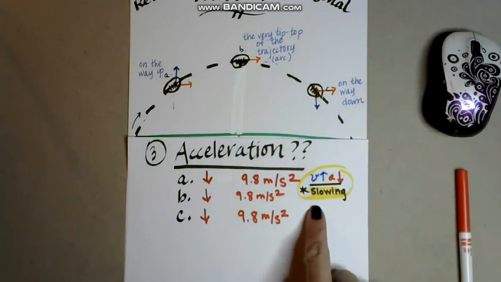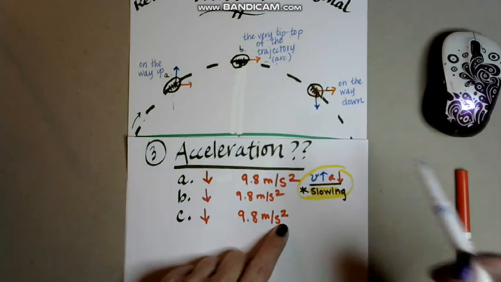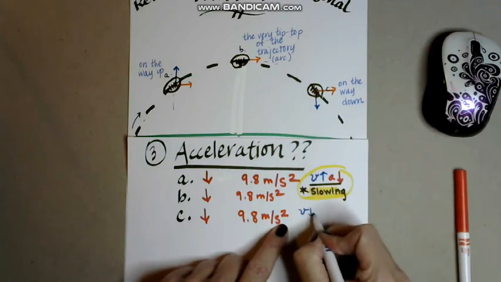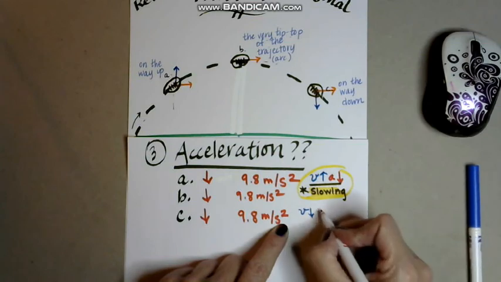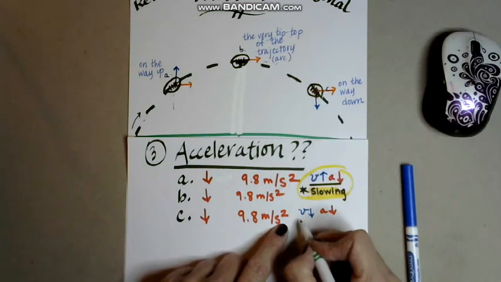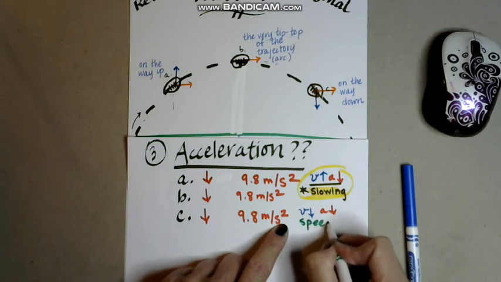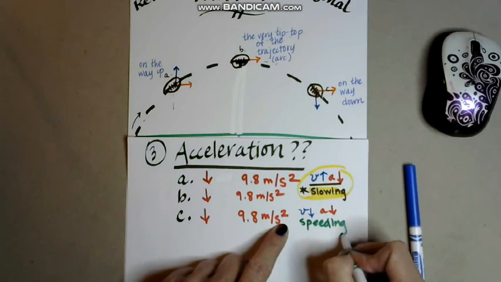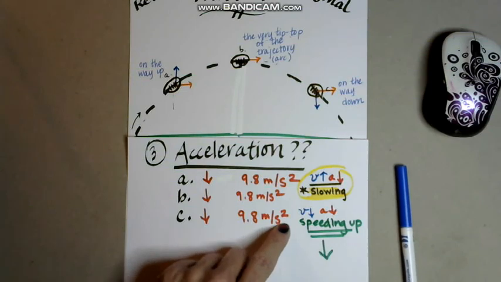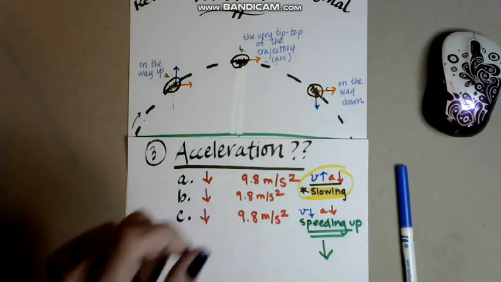I want you to think about this one more time. At this point, what is your y velocity? The y velocity is down. Your acceleration is down. What's happening here? It's speeding up. It's speeding up in the downward direction, but it is speeding up at that point.